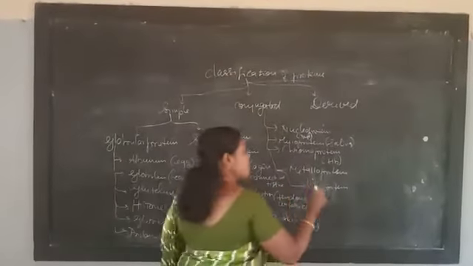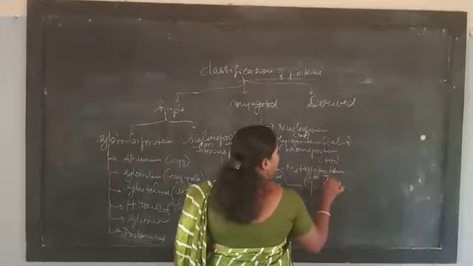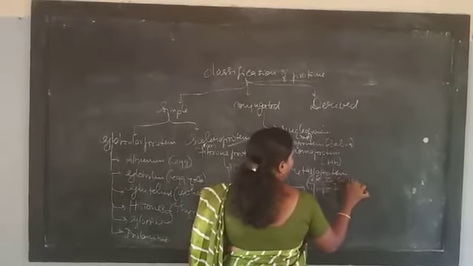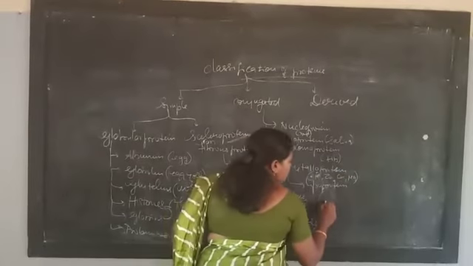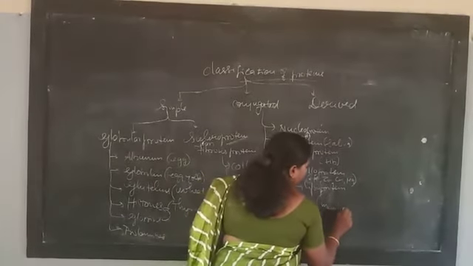Metalloproteins contain many metals like iron, zinc, copper, magnesium, etc. And lipoprotein is present in membrane protein.